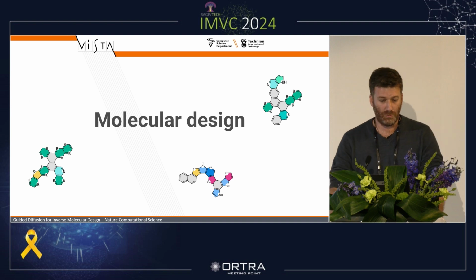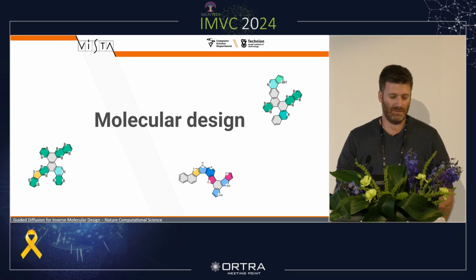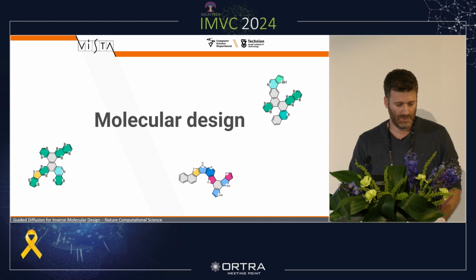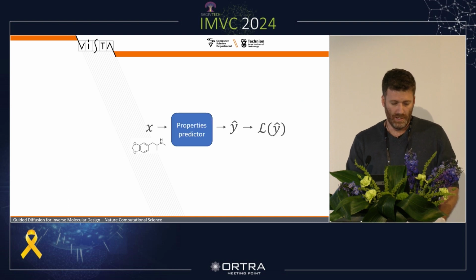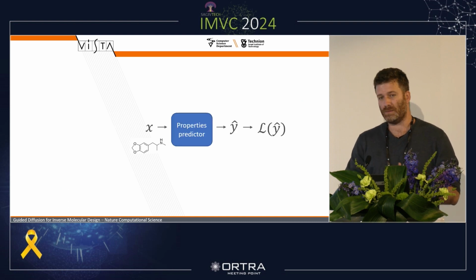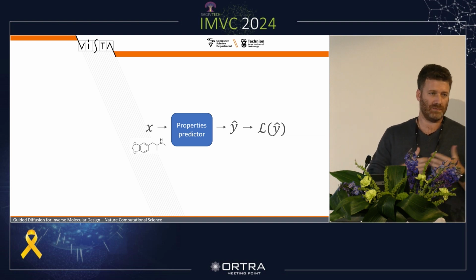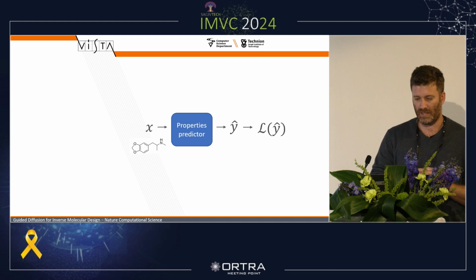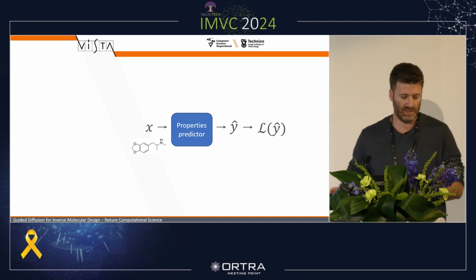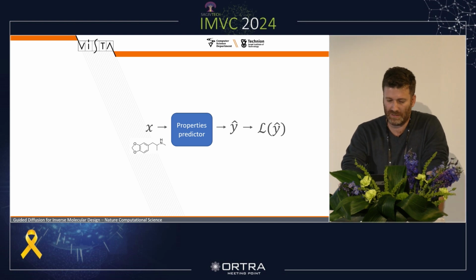And now for molecule design, it sounds totally unrelated, right? But it is, we will see in a minute. So in molecular design, the task is, given some properties that you want, to generate molecules that have these properties.